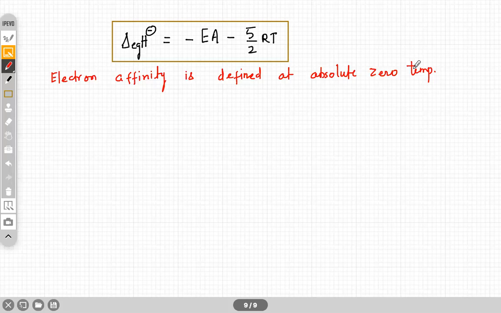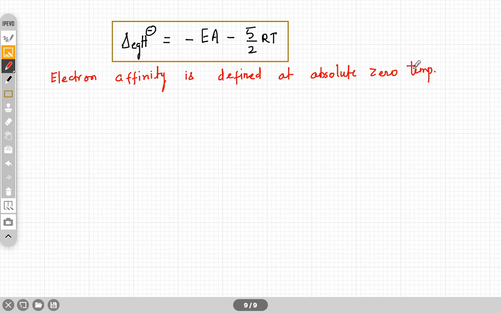More negative electron gain enthalpy means more amount of energy releases. Ease of adding an electron is more over there. Negative sign represents that the energy has been released. Positive sign represents that the energy has been provided to add an electron on an atom.